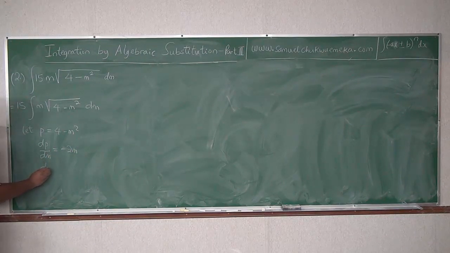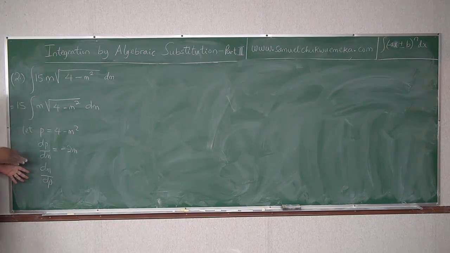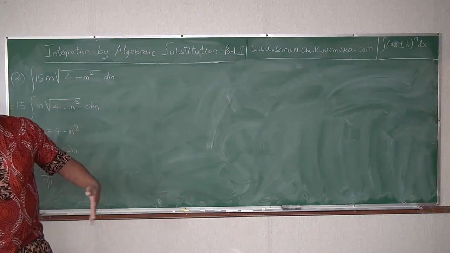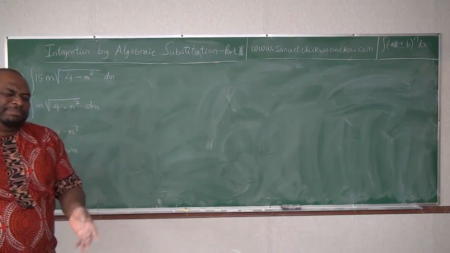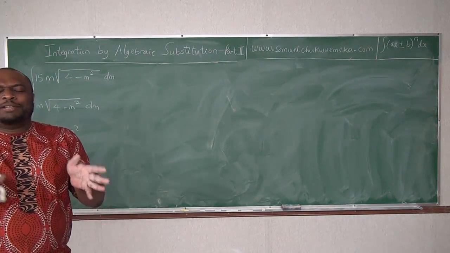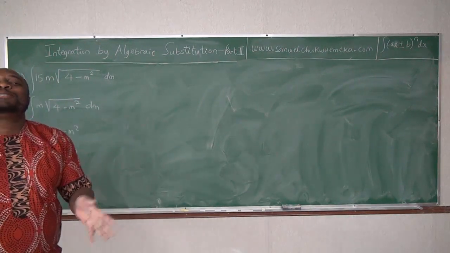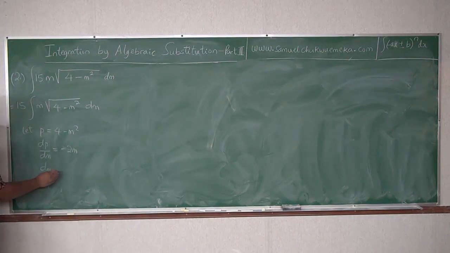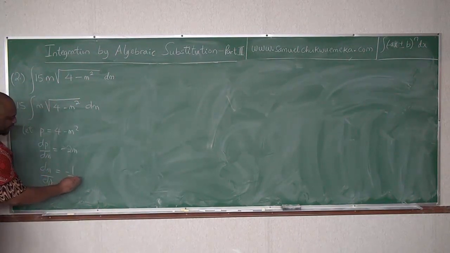You see the steps? I explained these steps on my website. You've got to follow the steps so that you don't make mistakes. Only God does not make mistakes; human beings, we make mistakes. But just to avoid mistakes, follow the steps. So dP/dm is negative 2m.